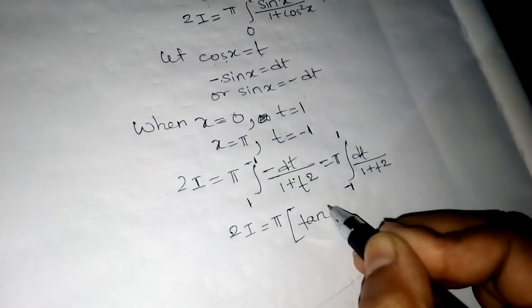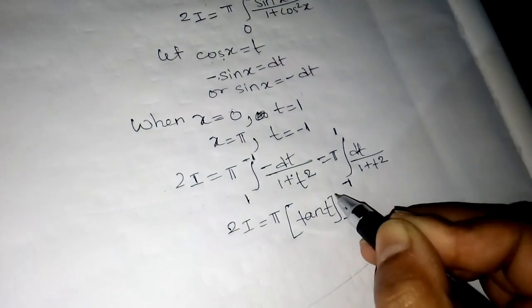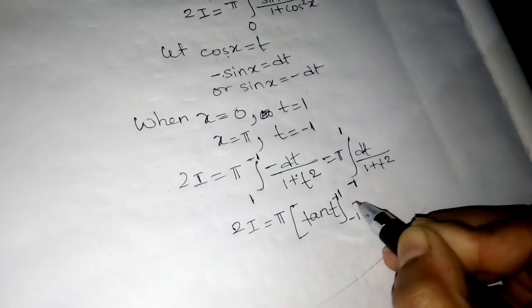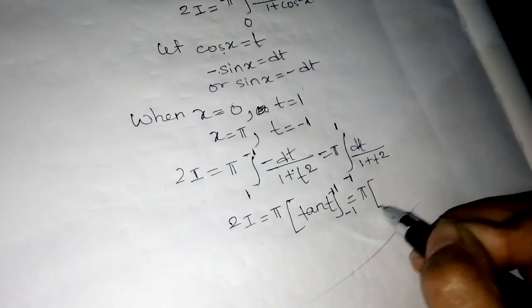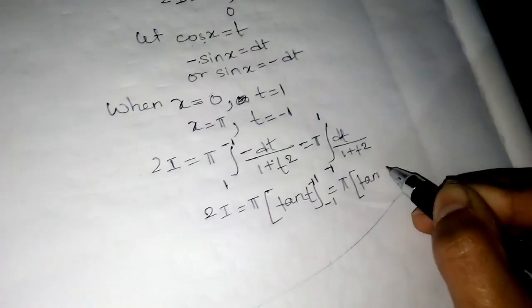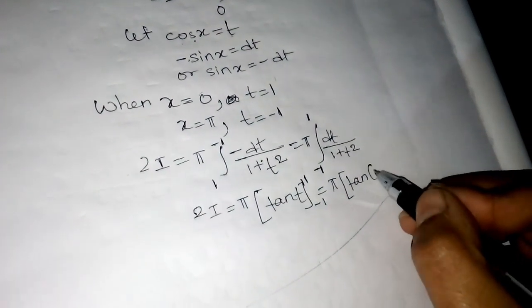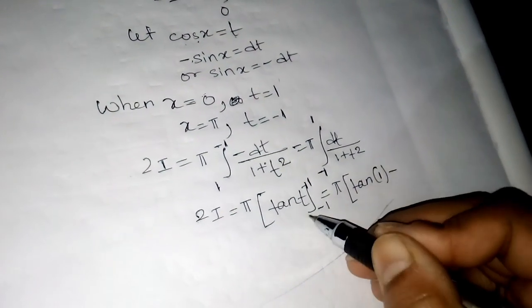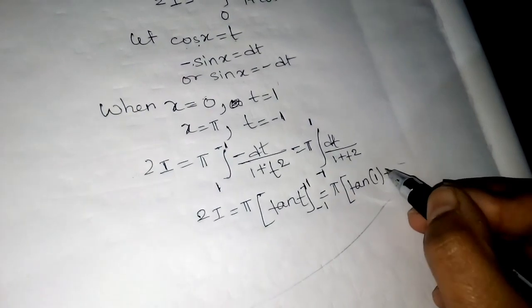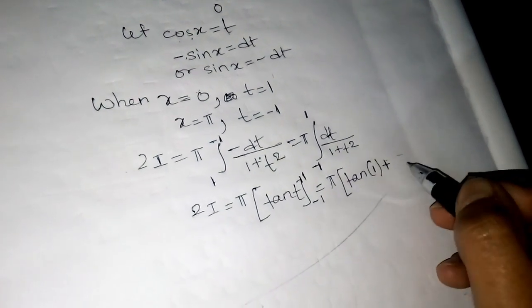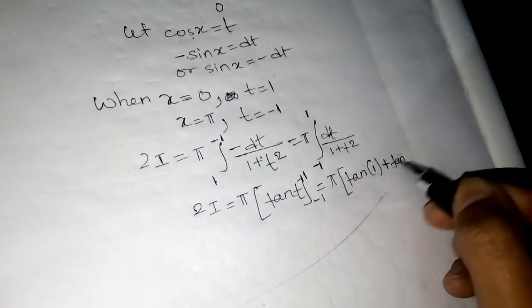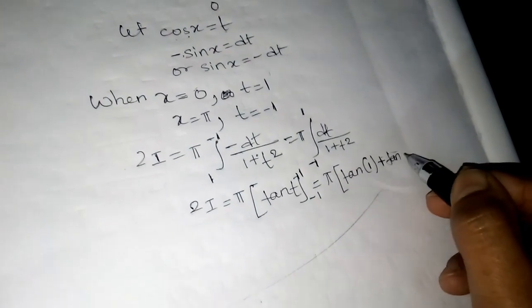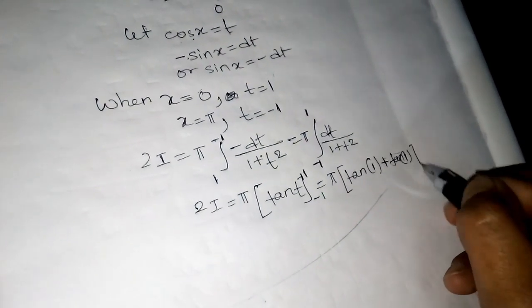So we have tan inverse t from minus 1 to 1. Let's put those limits. Pi times tan inverse of 1, the upper limit, minus, and the minus becomes plus for the lower limit minus 1, which is also tan inverse of 1.